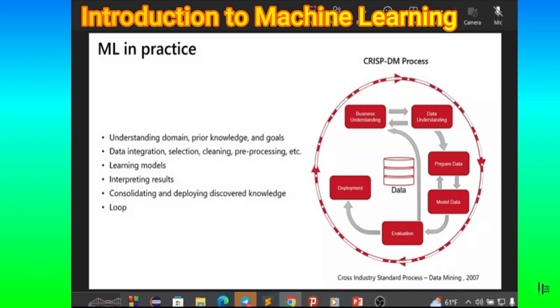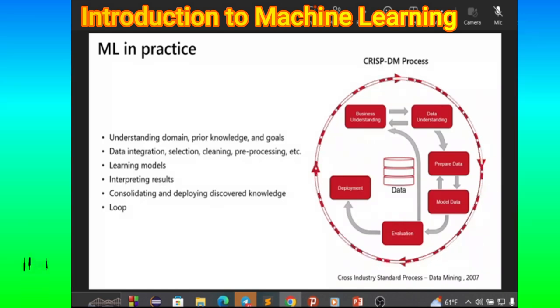And next, you try to identify whether or not you have the right data for whatever machine learning or data science process you are after. Once you identify the data sources, you have to understand the data and also prepare the data.